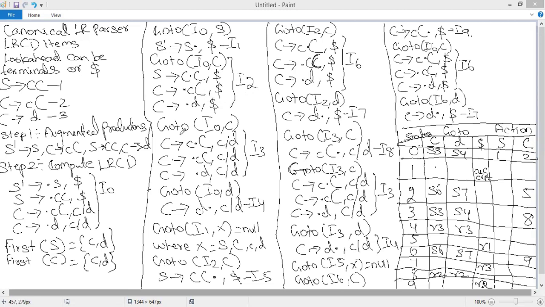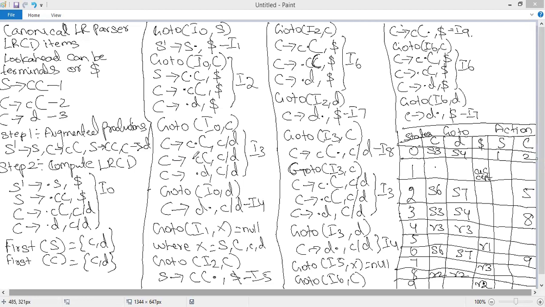Next, go to of I naught comma terminal C. Why is it go to of I naught comma C? Because after this dot terminal C is there. So C tends to C dot non-terminal C. What is the look ahead symbol? C comma D, C or D. Then after this dot non-terminal C is there.